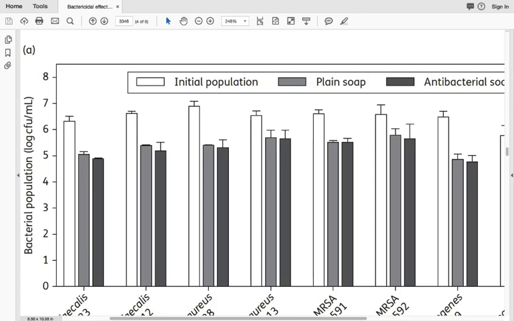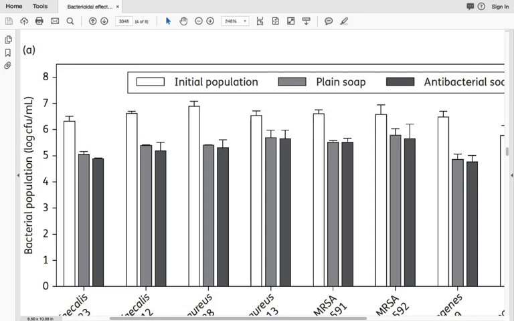Would we consider these to be different or the same values? Or statistically different? One simple way to look at this is to see if those error bars overlap with each other. If they do, you can say there's not going to be a statistical difference in the data. In other words, we could say the two of them, just regular plain hand soap versus hand soap with triclosan, work equally well. That's one conclusion we can make.